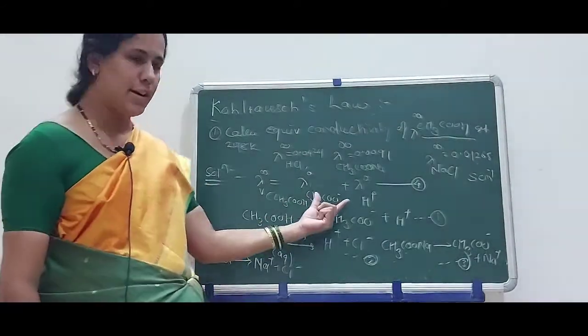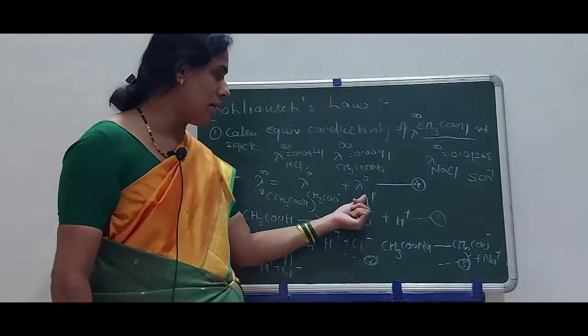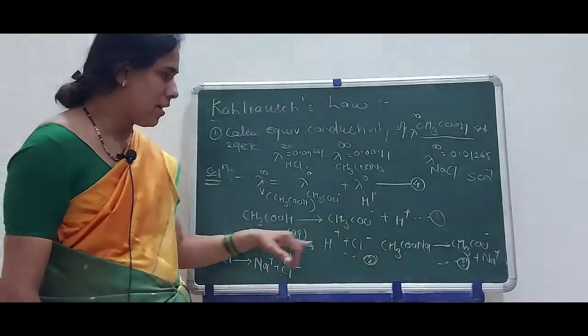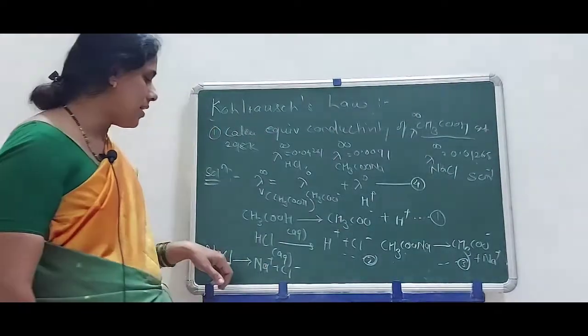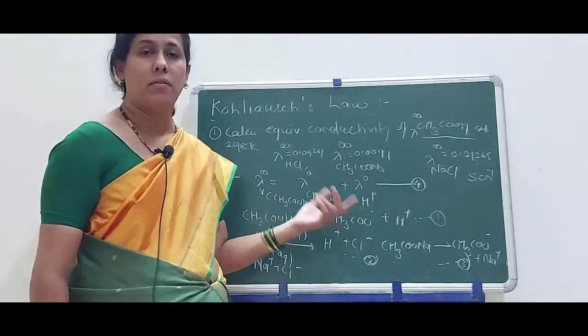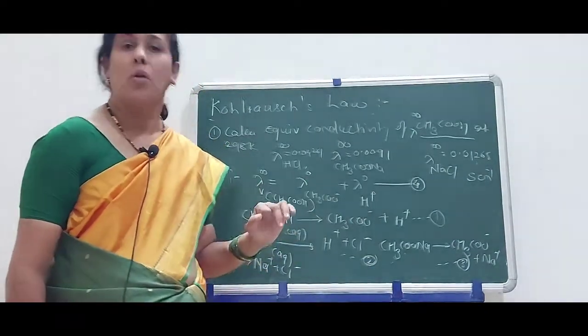We want the ions CH3COO minus and H plus. Among these reactions, HCl, CH3COONa and NaCl, whatever ions are present and whatever ions are absent, we have to subtract.